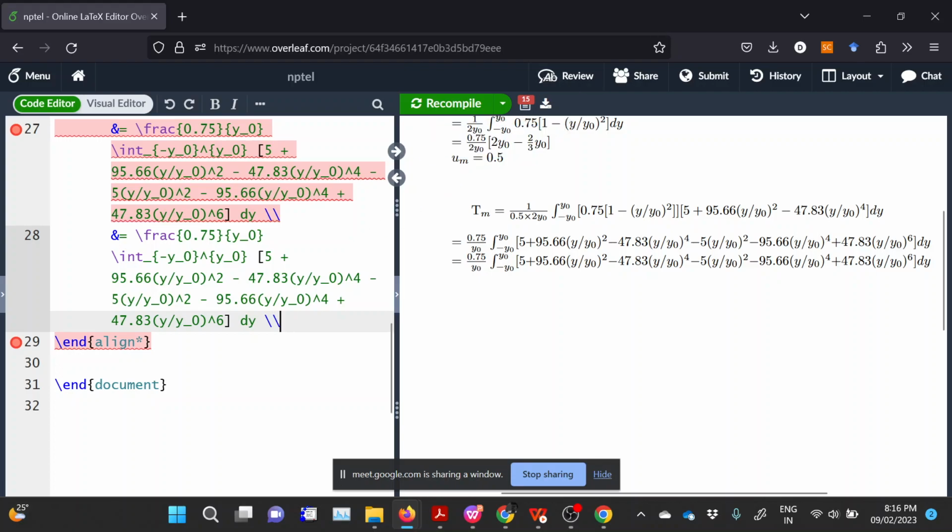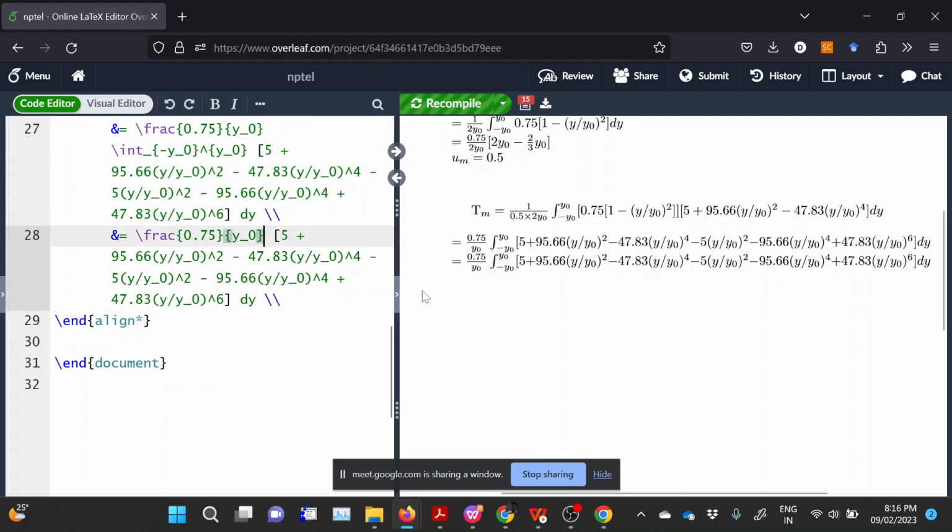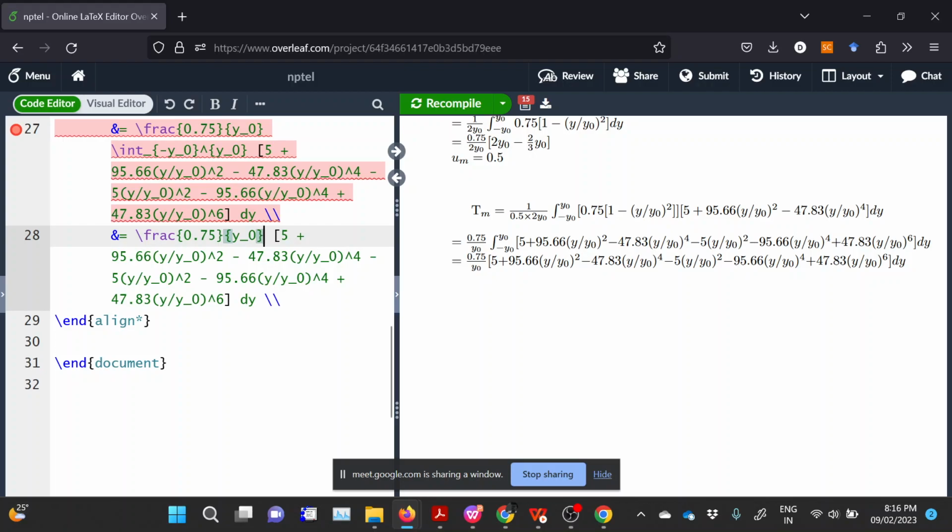So the first term, we will perform the actual integration. So I'm removing the integration sign now. The 5 becomes 5 into y, and this thing will be multiplied by y naught in the end. So I'm writing that out as well.